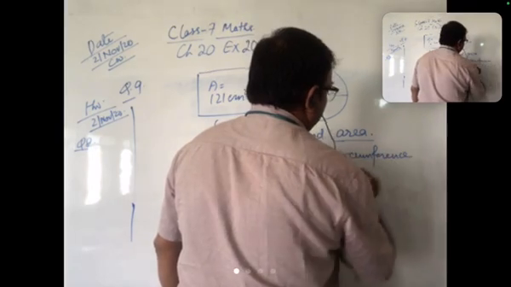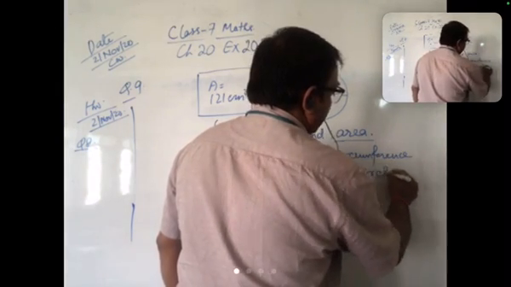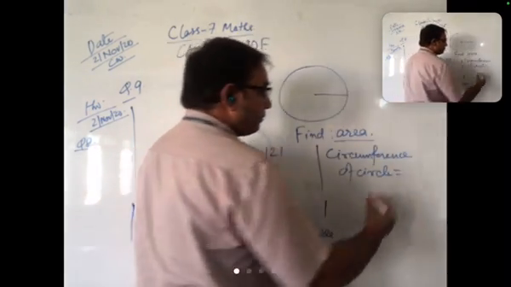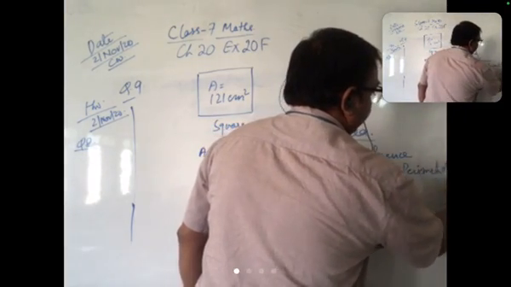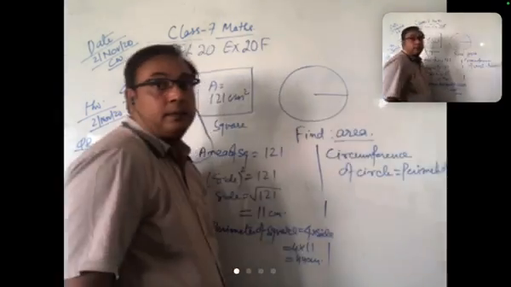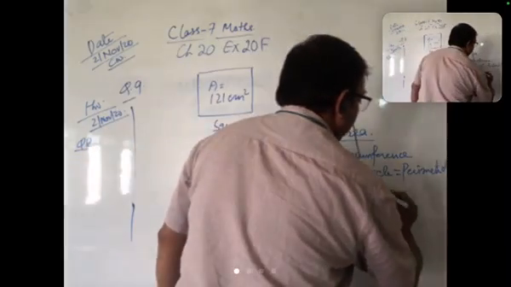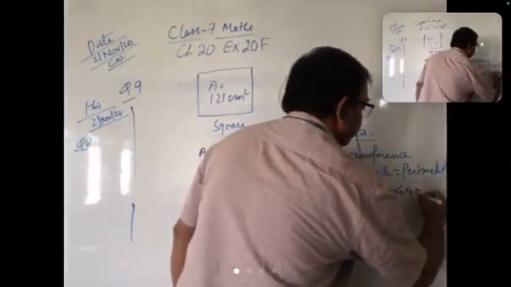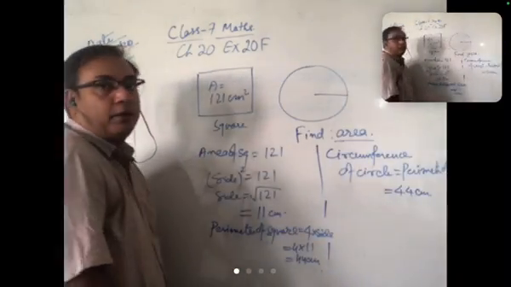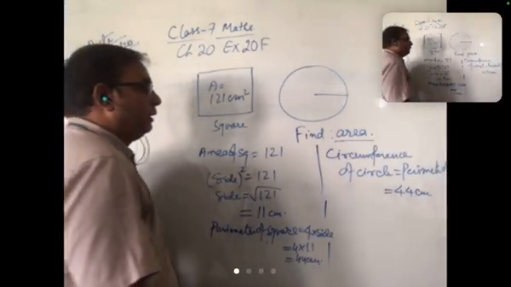Circumference of circle is equal to perimeter of square, which is equal to 44 centimeter. Perimeter of square is 44 centimeter.